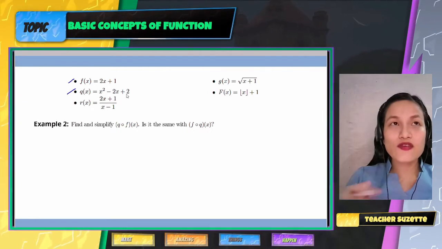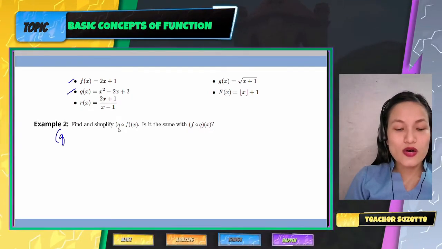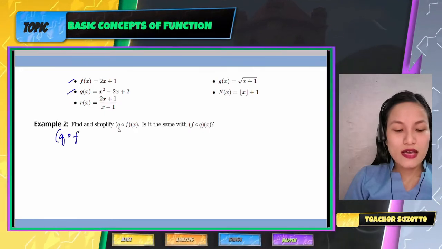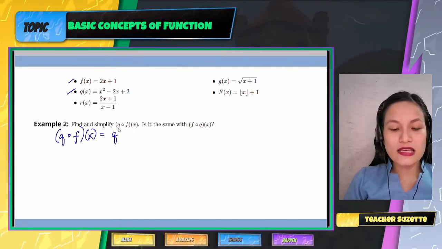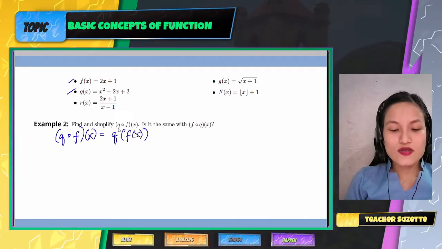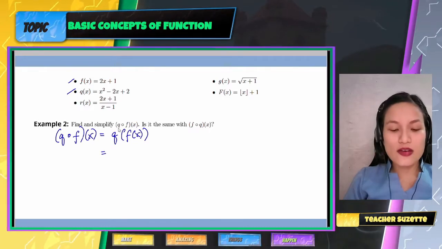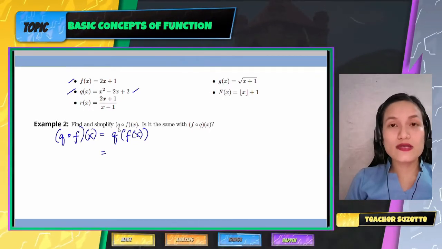For this first part, we are going to answer q with f of x. As the definition says, that is q of f of x. Our q is the outer function, that is x squared minus 2x plus 2.